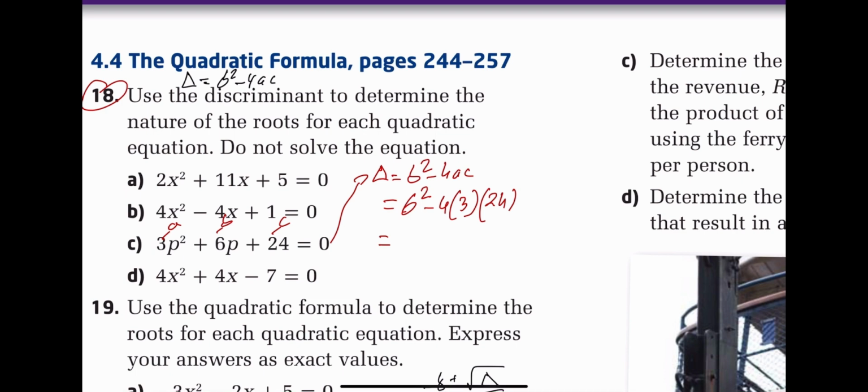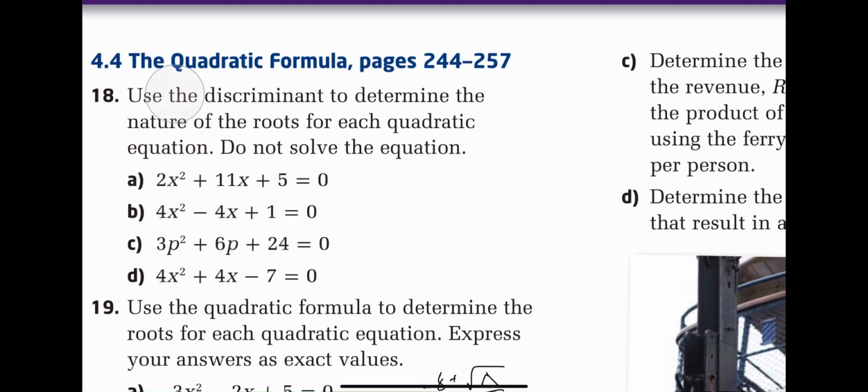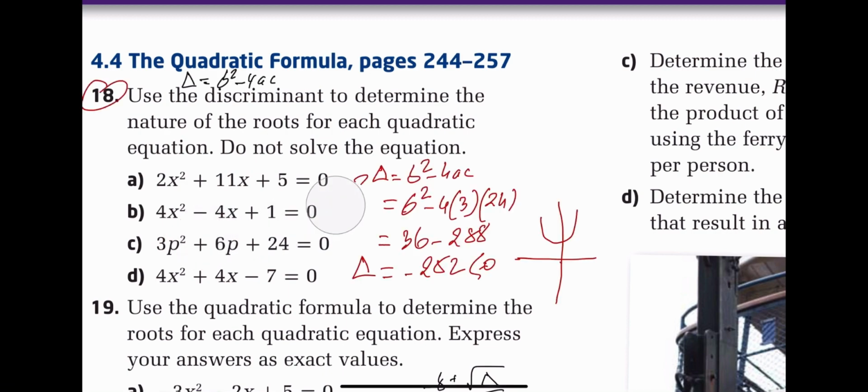So 36 minus 288, which is minus 252. So my delta is negative. That means there is no solution. My curve is not touching the x-axis at all. So there is no solution for this exercise.